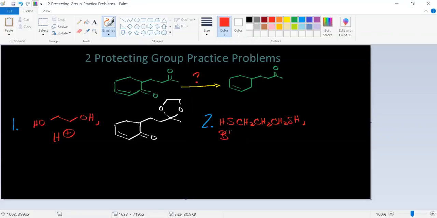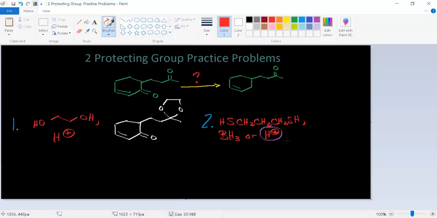If you run it with borane, then to get back to our product from number one, we have to get rid of this protecting group. But we do want something protic because we know that we are eventually going to get rid of this protecting group. So if we decide to go with this one, that'll let this be just a two-step synthesis. And so that's what I was getting at earlier in the problem.